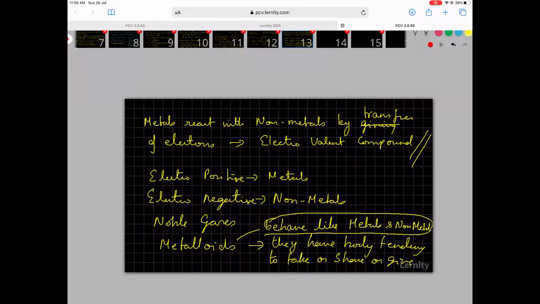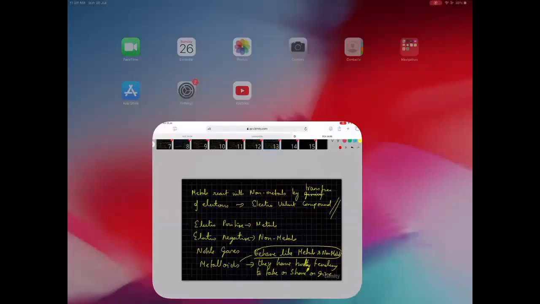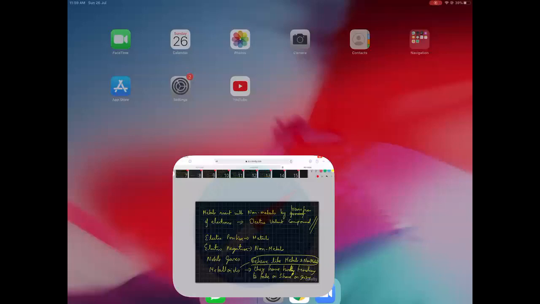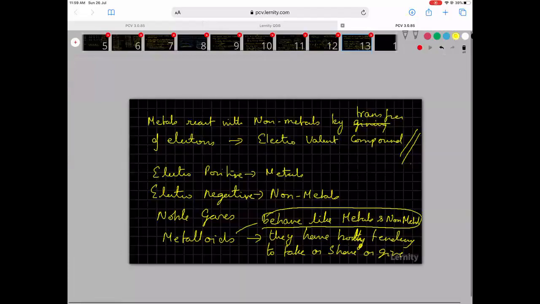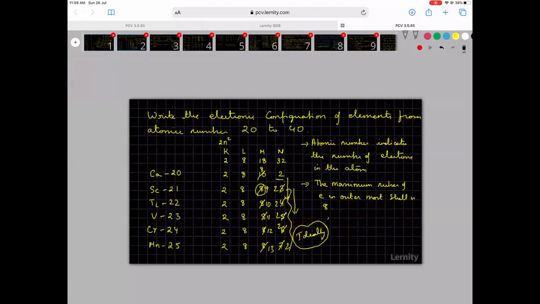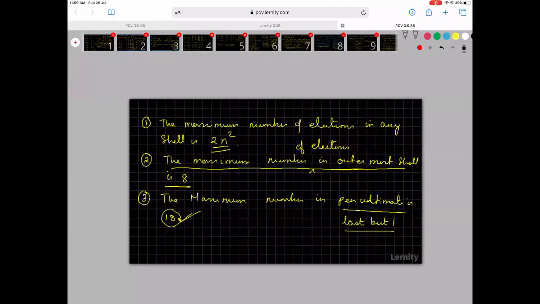They have both tendency to take or share or give. Third slide. Fourth slide.